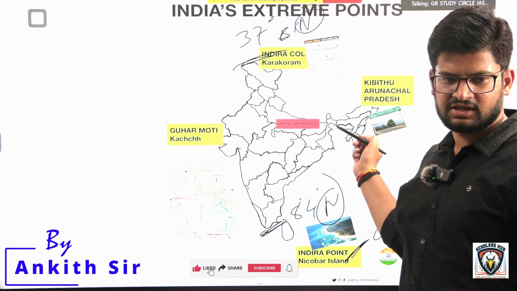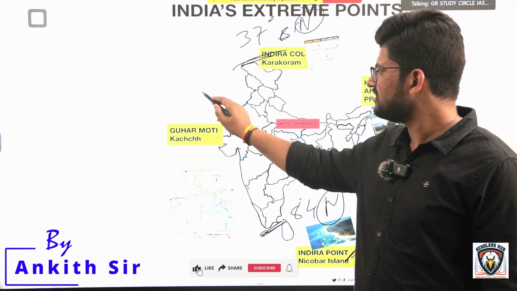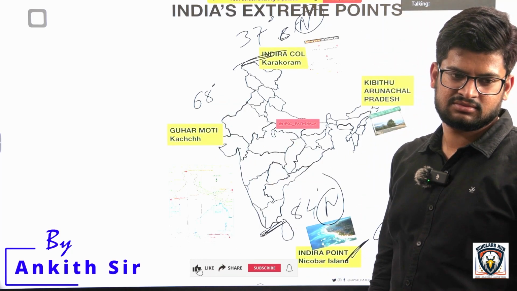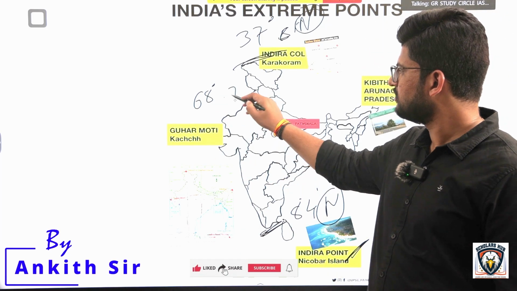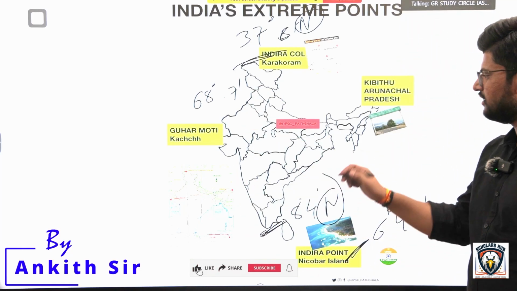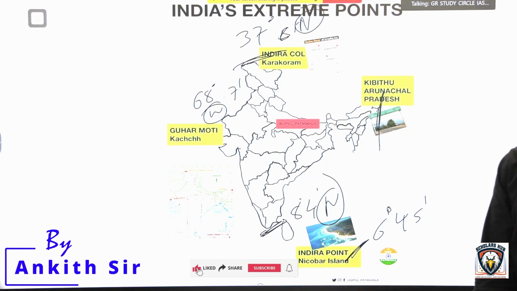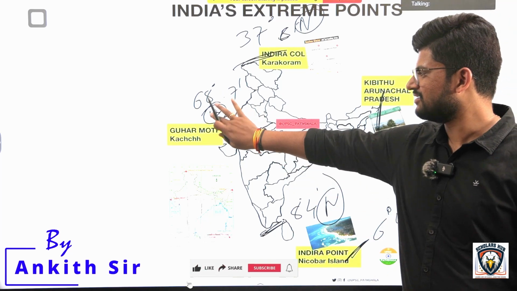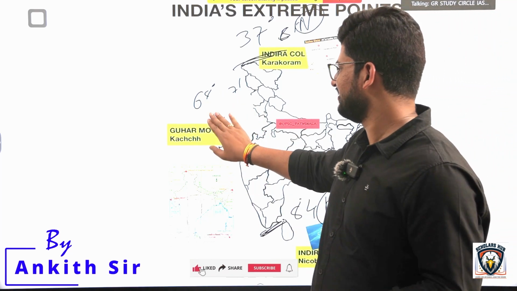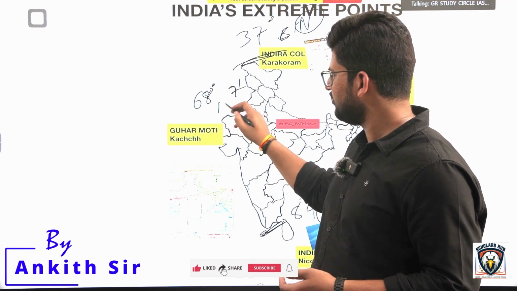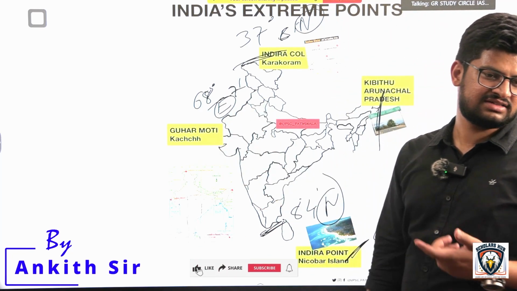Then here, 68 degrees 7 minutes. And for the easternmost, what is the letter? W? No, it is E. Even for the west, you have to use the letter E because India is in the eastern hemisphere.